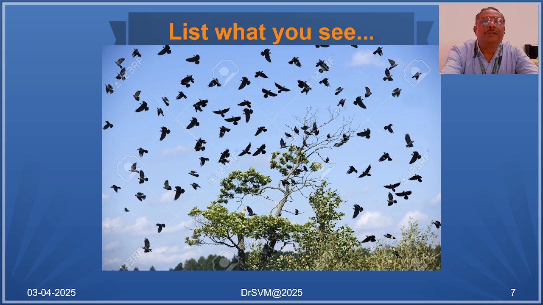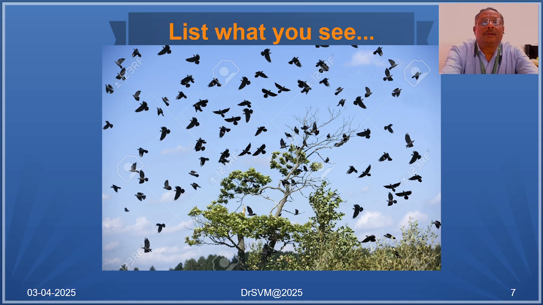Any two birds you take, they totally are different, but still somehow we say that all these birds are of the same type. The first thing is we say that they are birds, maybe because they are found in the sky above the tree. Our knowledge maybe helping us to identify them as birds. Fine, flying birds. Some birds are sitting on the branches. Most of them are flying in the sky. Good.